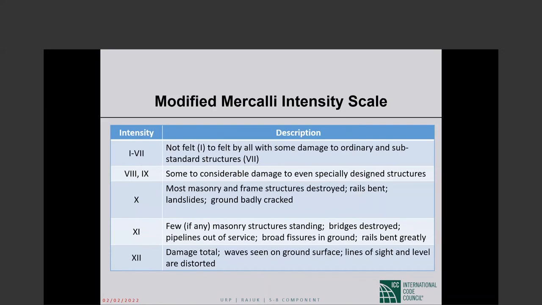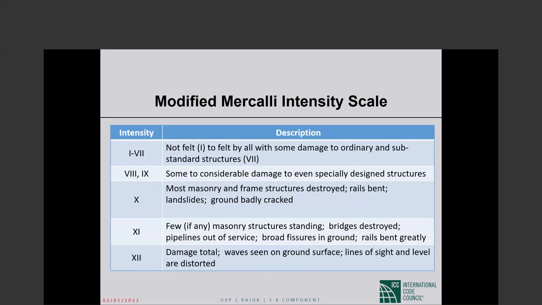That's 1. 2, an earthquake that is felt by all with some damage to ordinary and substandard structures. That would be intensity 7. 8 and 9, some to considerable damage to even specially designed structures. So from intensity 8, you are looking at substantive damage. 10 is most masonry and frame structures destroyed, rails bent, landslides, ground badly cracked, and so forth. 11 and 12 are pretty rare, but you can read this.